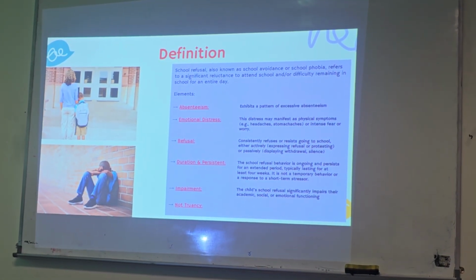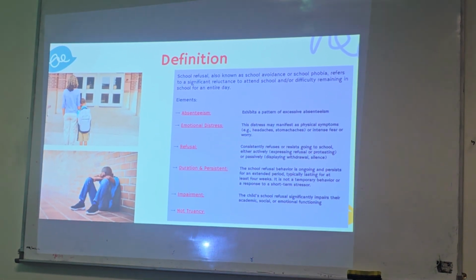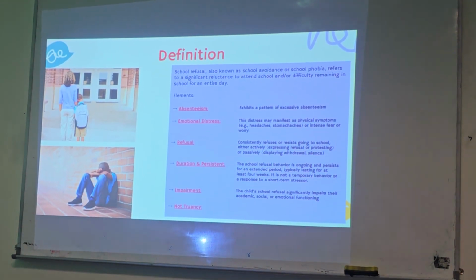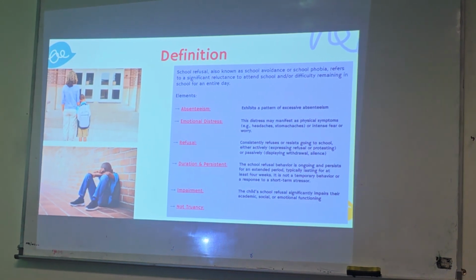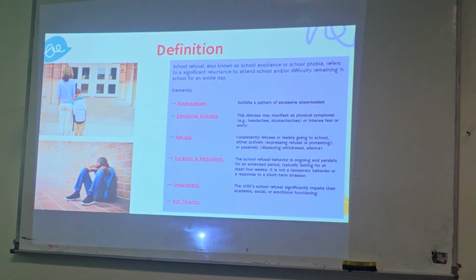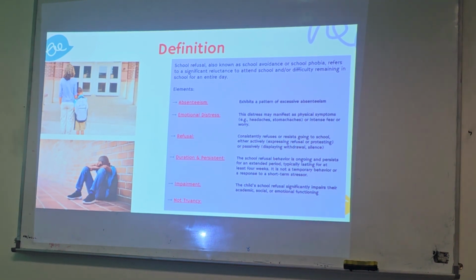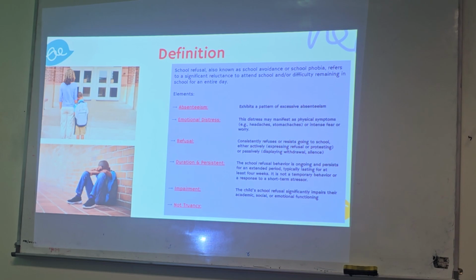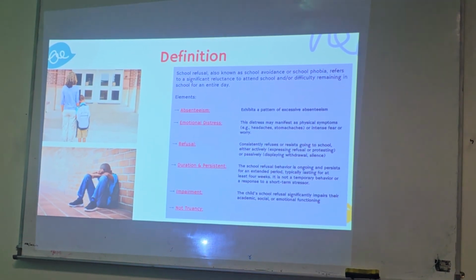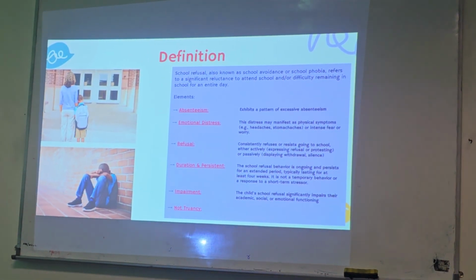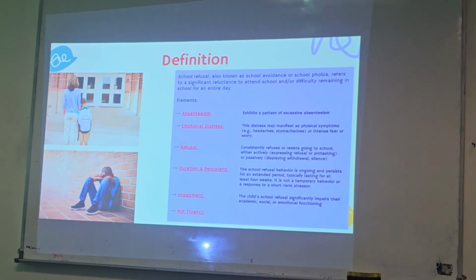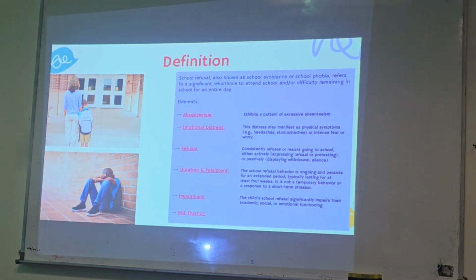In school refusal, the duration is usually up to 4 weeks, and the behavior is persisting. It is not a temporary behavior in response to a short-term stressor. They will come with impairments such as academic impairment. Obviously, if the child is not going to school, his academic performance will decrease. They will also present with social and emotional dysfunction.